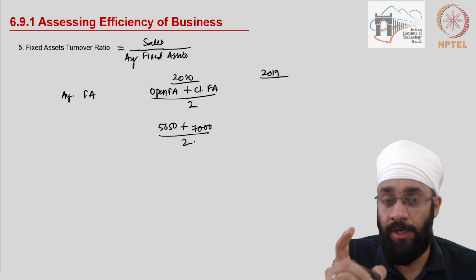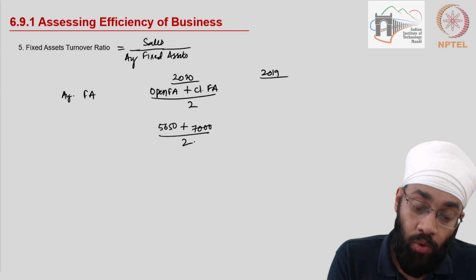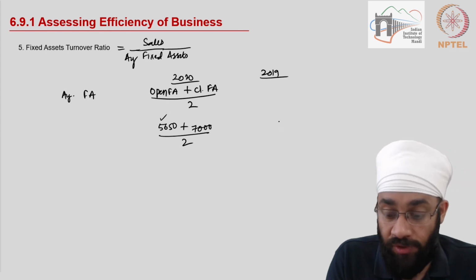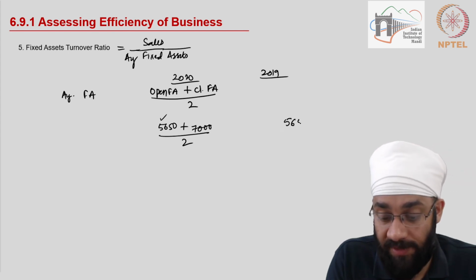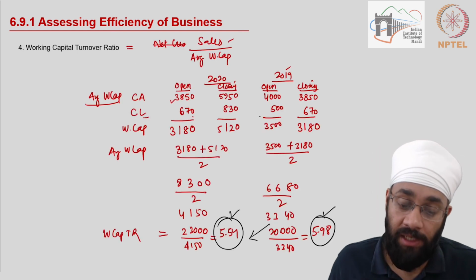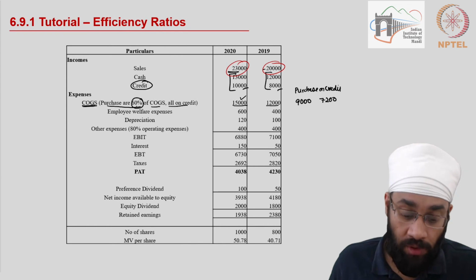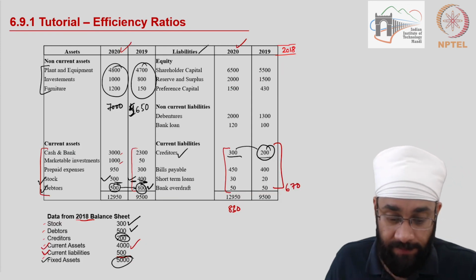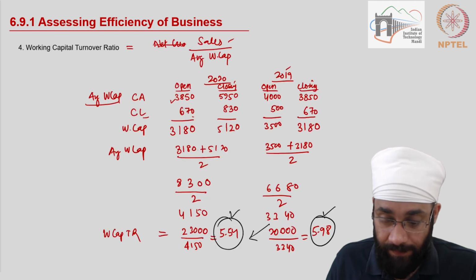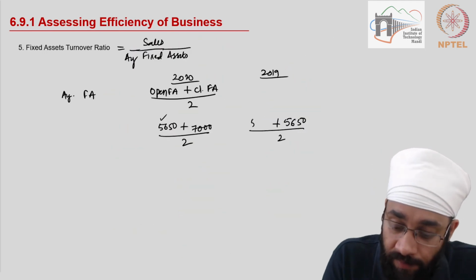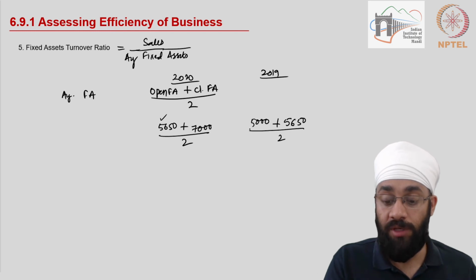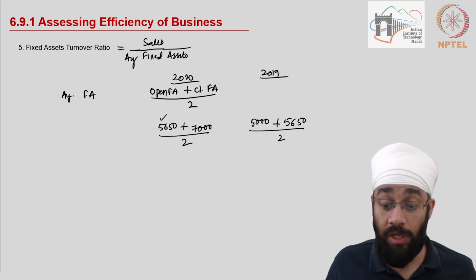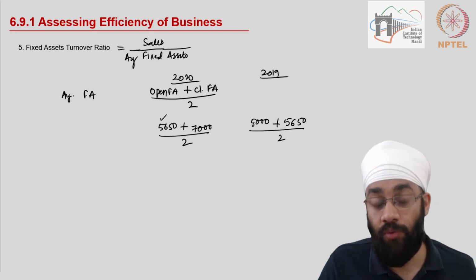I just divide this by 2. The opening balance of this year was the closing balance in the previous year, and I just need the opening balance of 2019, which is going to be the closing balance of 2018, given here as 5,000. So 5,000 was the closing balance of 2018, which is now used as the opening balance for 2019.